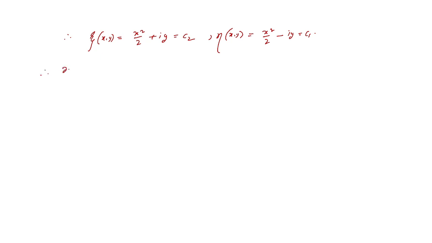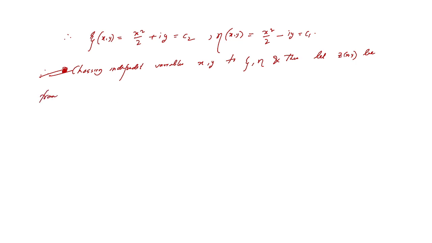Now you will make the substitution. Choosing the independent variables (x,y) to (ξ,η), let z(x,y) be transformed to some ω(ξ,η).